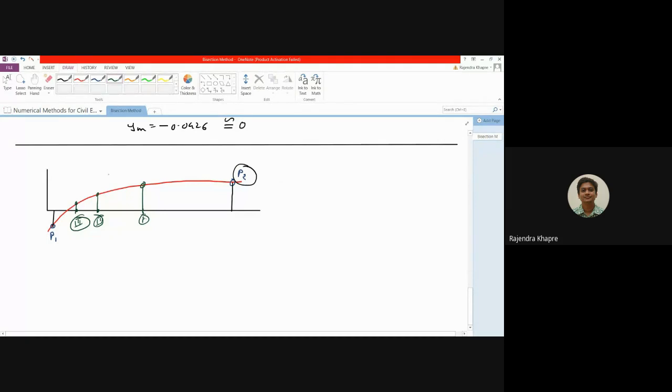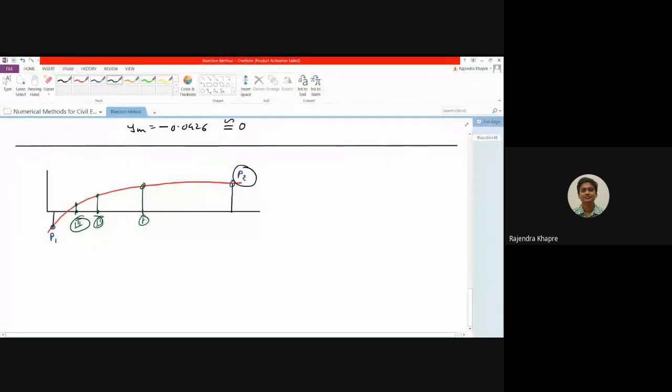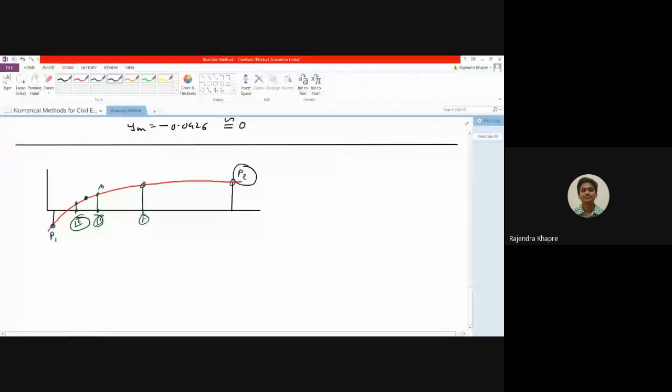If you have chosen a point somewhere over here, in that case these two iterations were not at all required. Okay, so one of the biggest drawbacks over here is that if you choose guess roots, p1 and p2, they are nothing but your guess roots. So if you choose guess roots which are very far from the actual root, in that particular case your number of iterations are unnecessarily increasing.